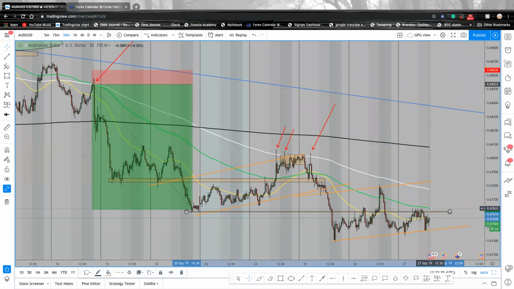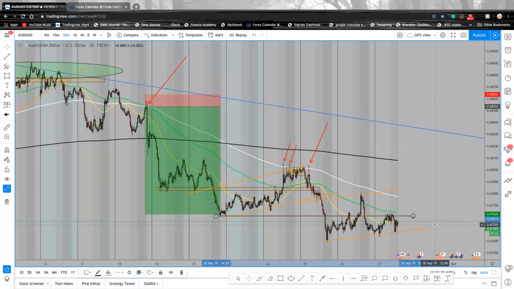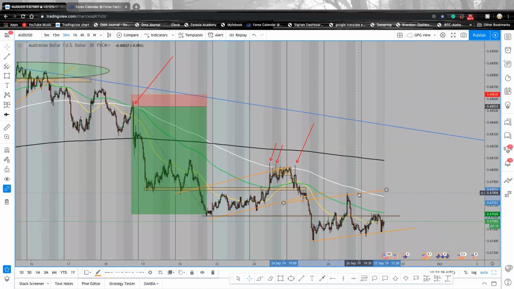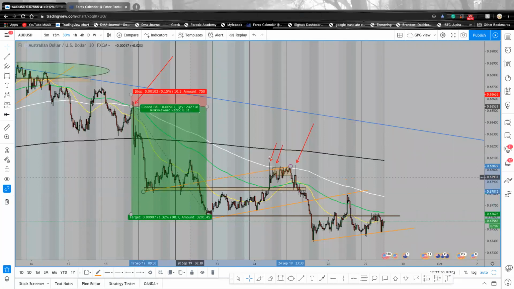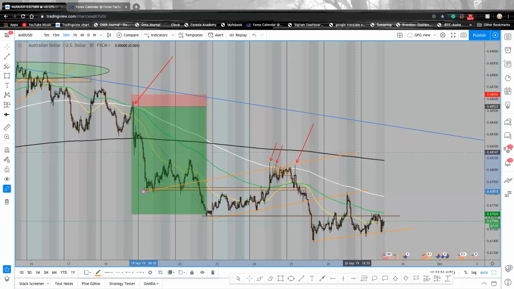So I'm not going to sell this right now, just because of the fact that retail traders are going to sell this right now. Yeah, broken trend. They got their broken trend here. They got their support became resistance. So they're selling. DMA also says sell, but I'm not selling it.